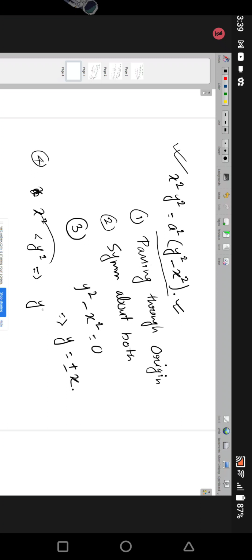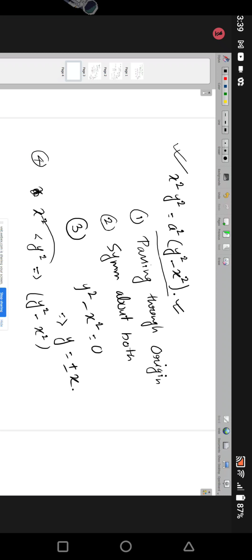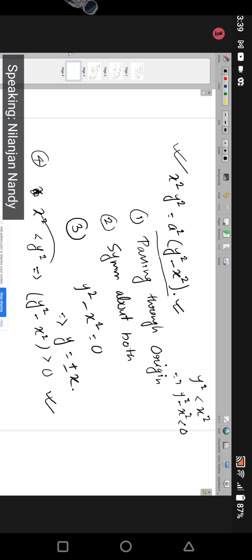This y square minus x square, this part is greater than 0. So this condition is satisfied. So if y square minus x square is greater than 0, then I am also having the left hand side as real valued. But if y square is less than x square, are you getting real values?